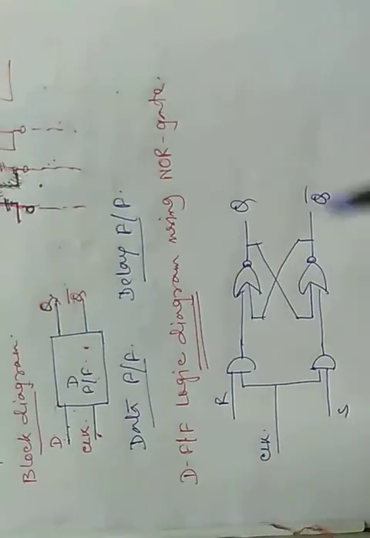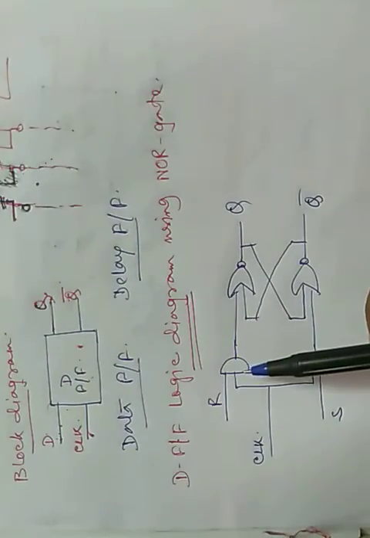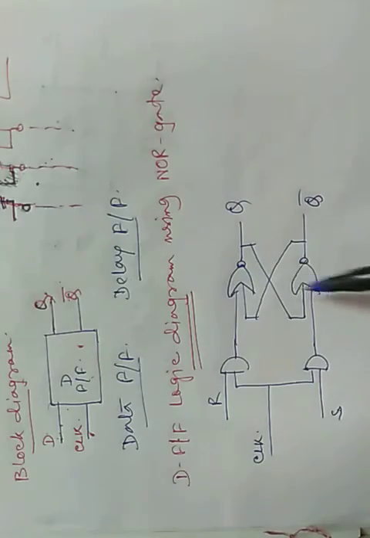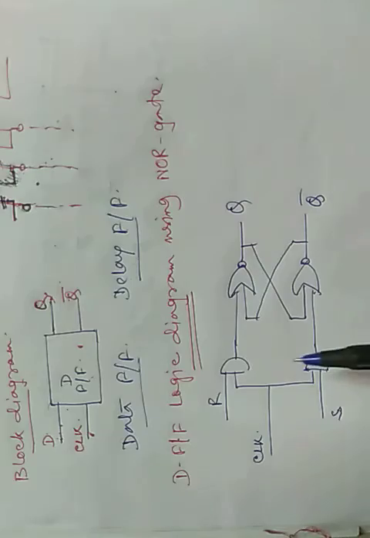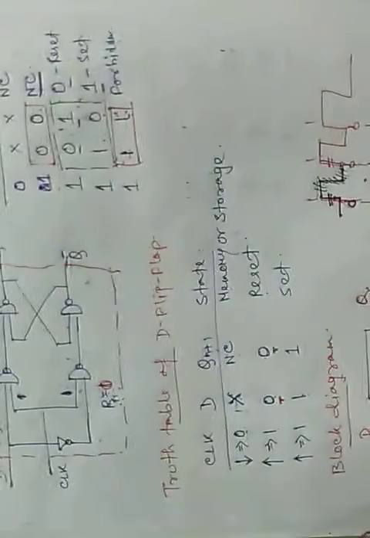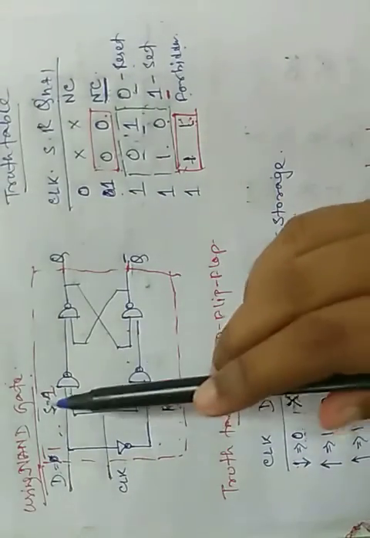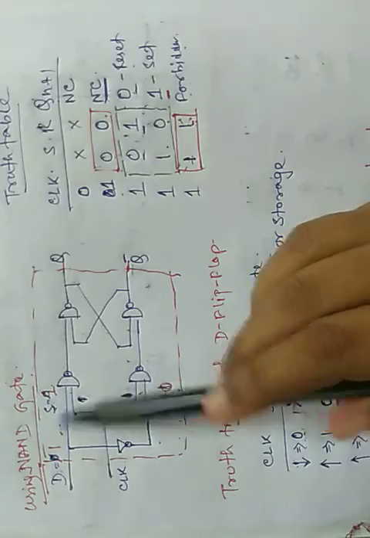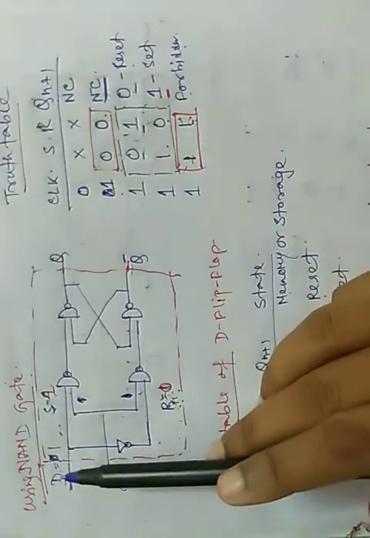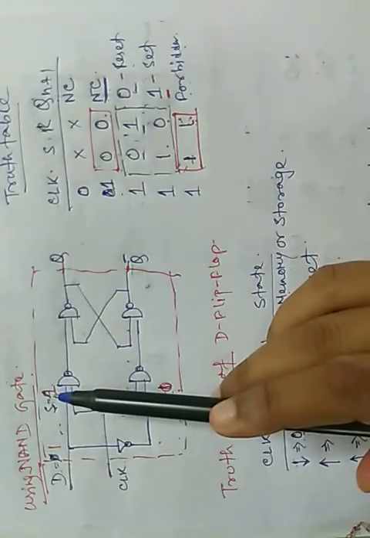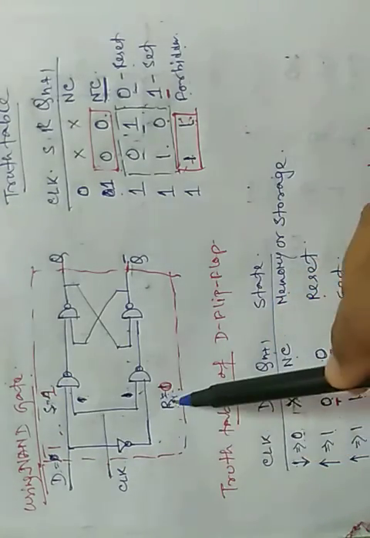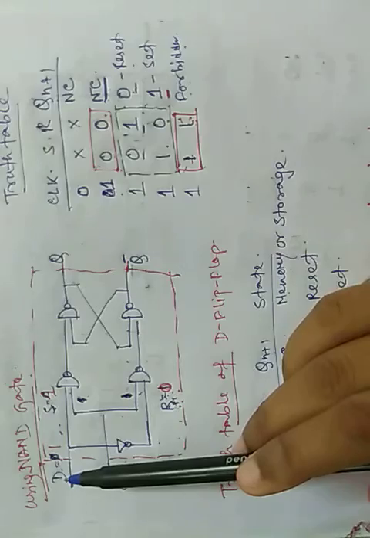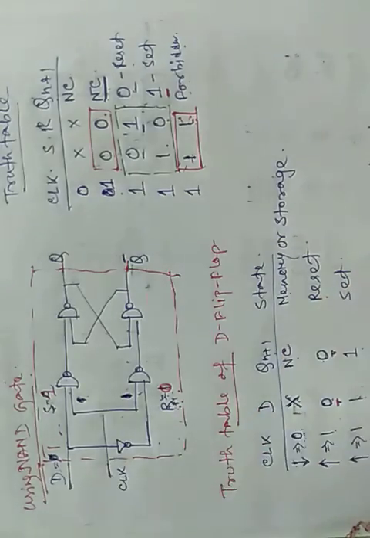this is our SR flip-flop using NOR latch. Okay, using NOR gate. So we know that here S is in the upper gate input and R is in the lower gate input, and we feed D as an input in S directly and the reverse value in R. That's why D is fed in the upper gate.